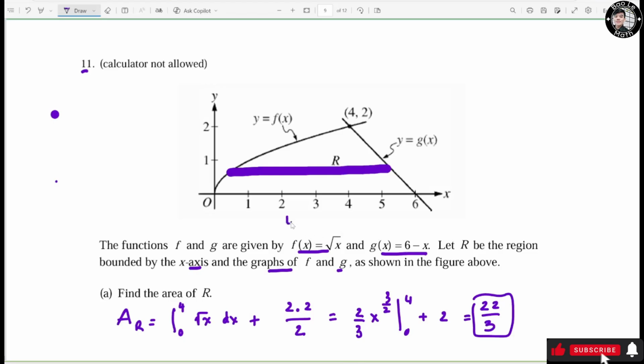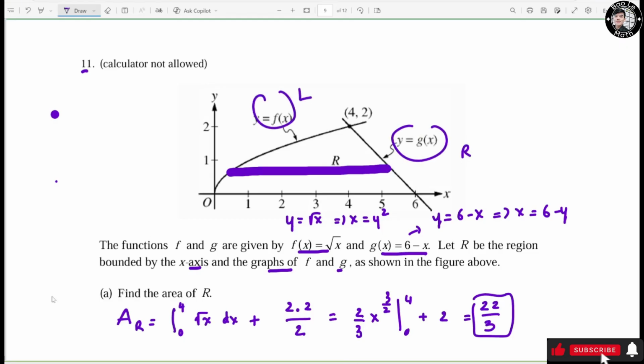We have y equals square root of x, square both sides, so x equals y squared. Now for this one right here, y equals 6 minus x, then x equals 6 minus y. And this is right, this is left.